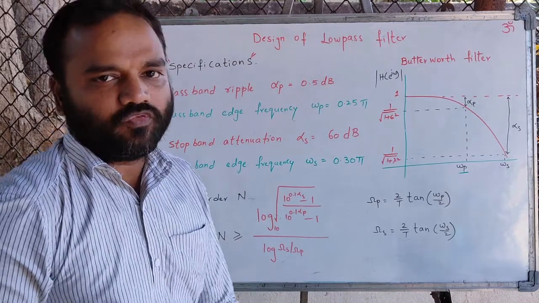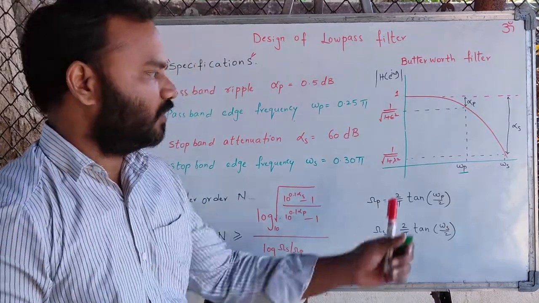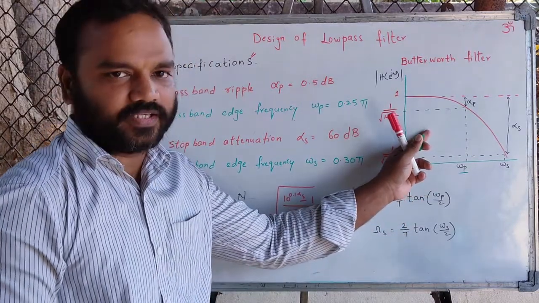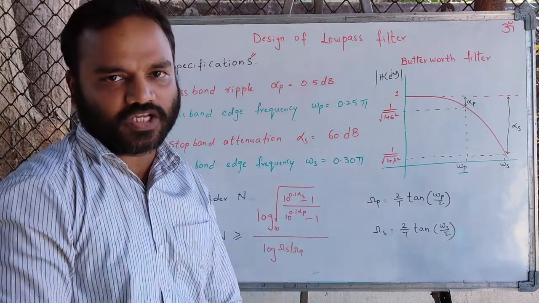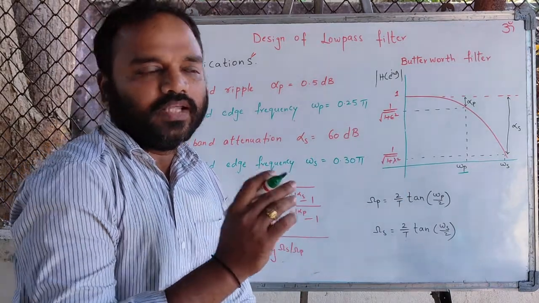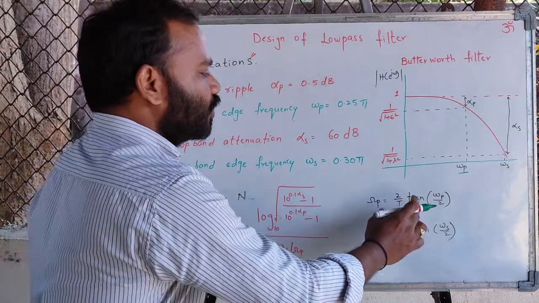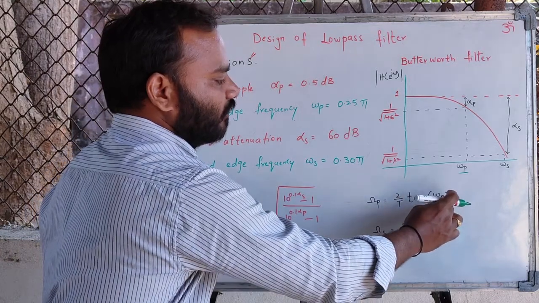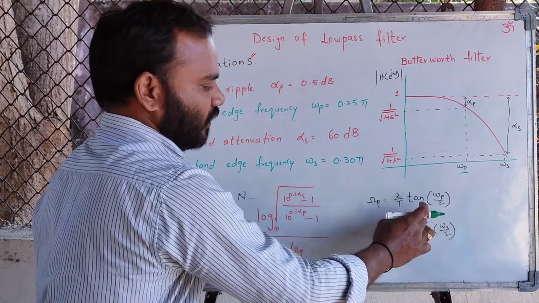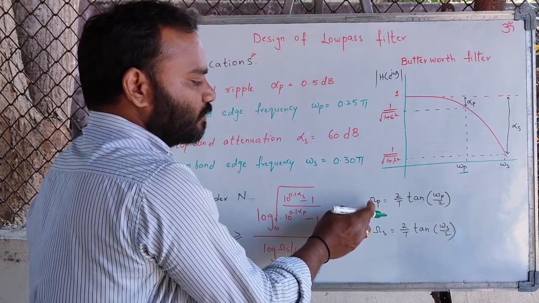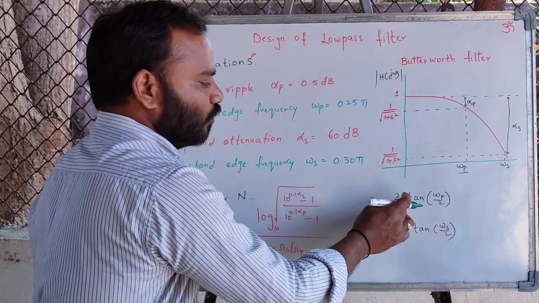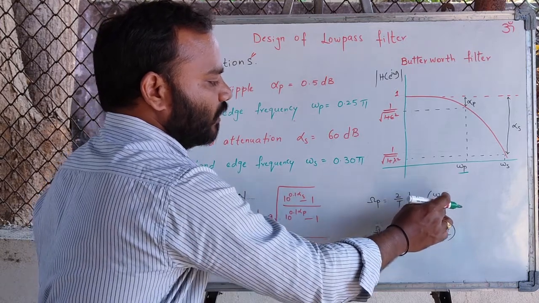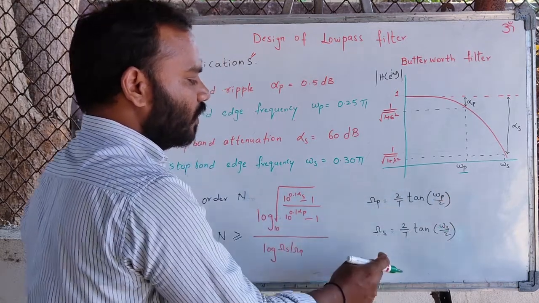Now, if we want to design the low pass filter for this magnitude characteristics using bilinear transformation, then the relationship between the analog variable and the digital frequency variable is shown here. That is, analog passband frequency is equal to 2 by T tan of omega p by 2.